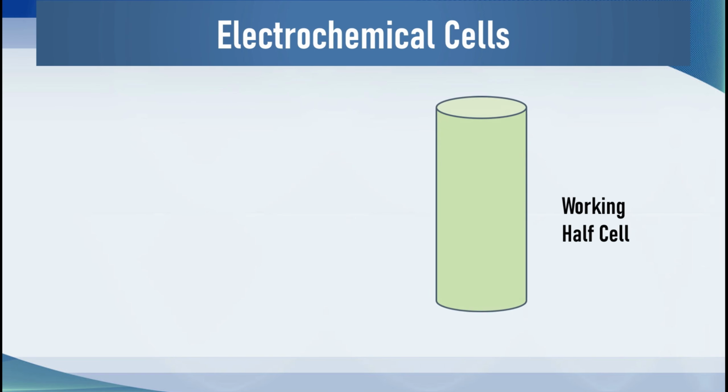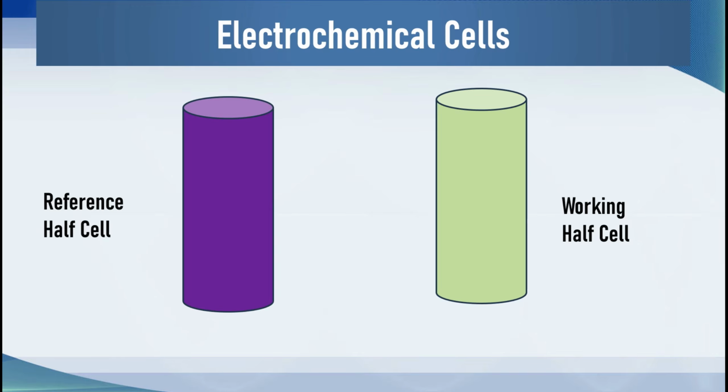Each electrode consists of a working half cell where chemical analysis takes place and the reference half cell, which is a standardized compartment against which the electrochemical charge is compared so that measurement can take place. In each of the half cells is a strip of metal that is silver wire coated with chloride, and this is immersed in a salt solution, usually potassium chloride, which is in chemical and electrical equilibrium.